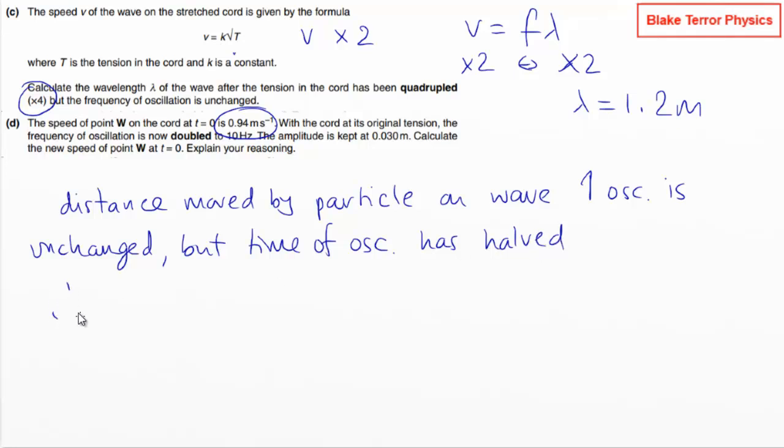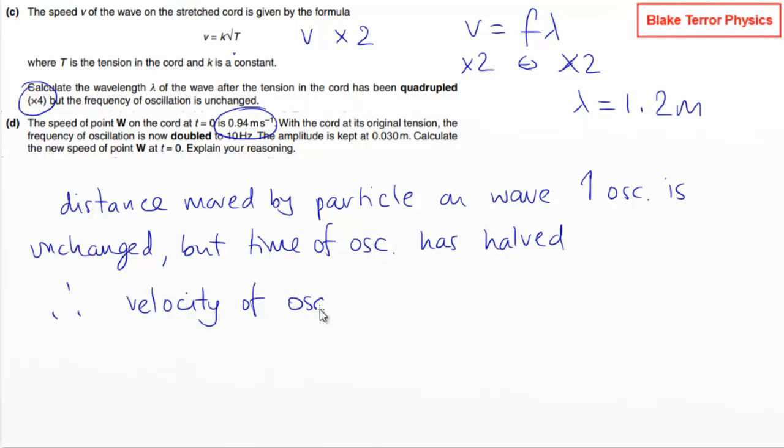So therefore the velocity of the oscillating particle must double. We could say velocity because it's the velocity over the whole oscillation, but you could say speed or velocity, it doesn't really matter on this one.